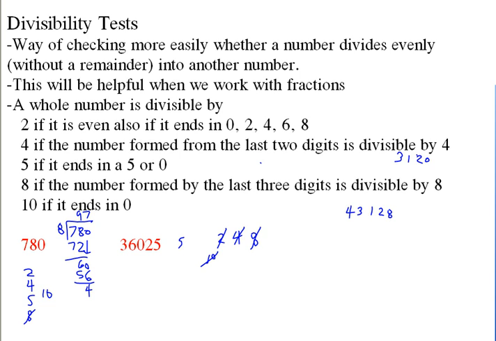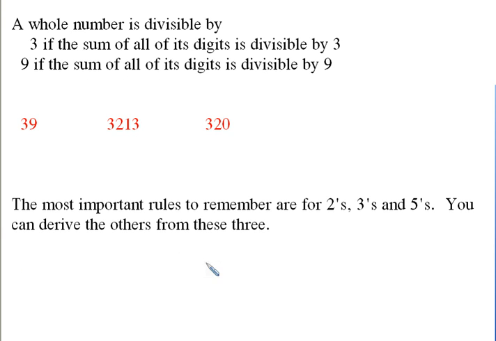Now, there's also a couple more divisibility tests. These ones here are a little bit trickier. You just have to add up the actual numbers, though. A whole number is divisible by 3 if the sum of all of its digits is divisible by 3. So all you do is add up the digits. 3 plus 9 is going to be 12.